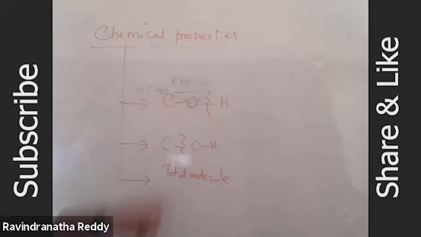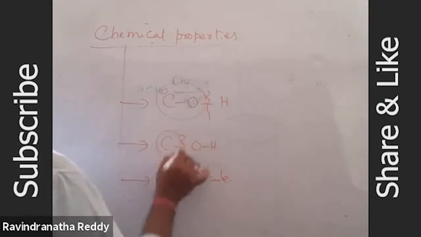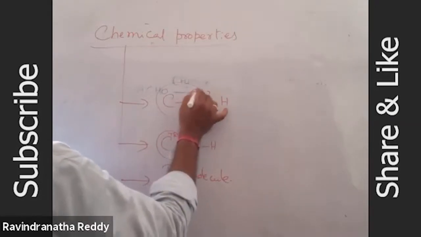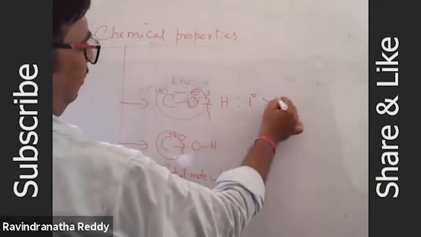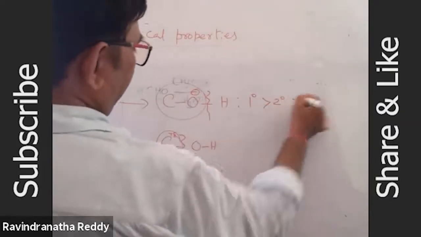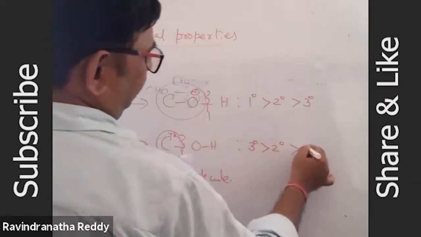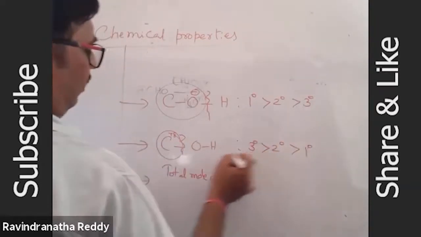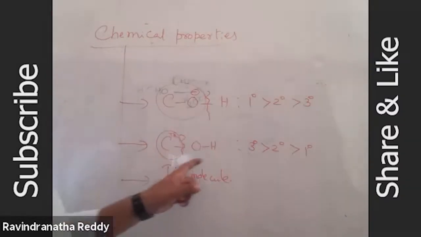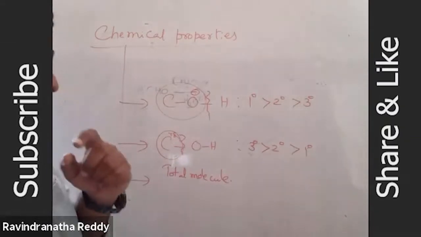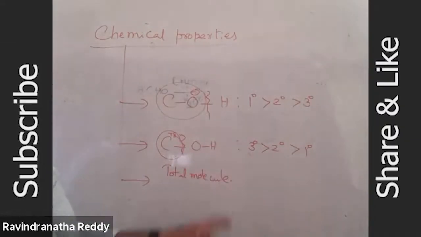In this kind of reaction you are getting a carbanion; in this kind of reaction, a carbocation. Carbanion stability order, what is that? 1 degree, 2 degree, 3 degree. Carbocation stability order: 3 degree, 2 degree, 1 degree. So here 3 degree is more reactive. Example: alcohol reaction with Lucas reagent, the Lucas reagent test.